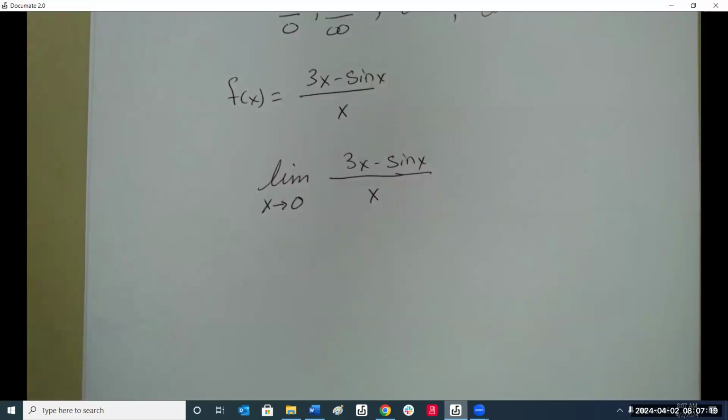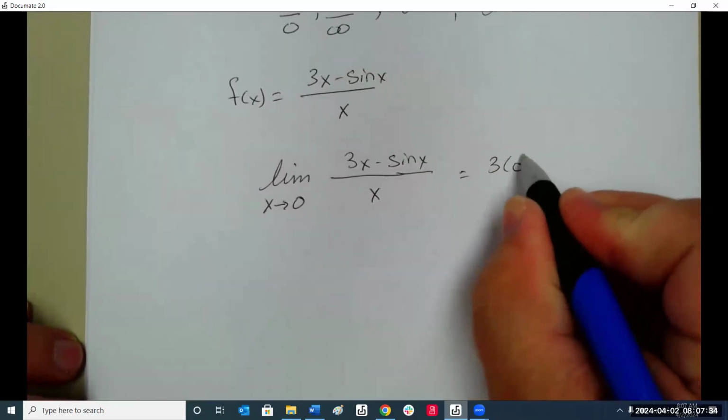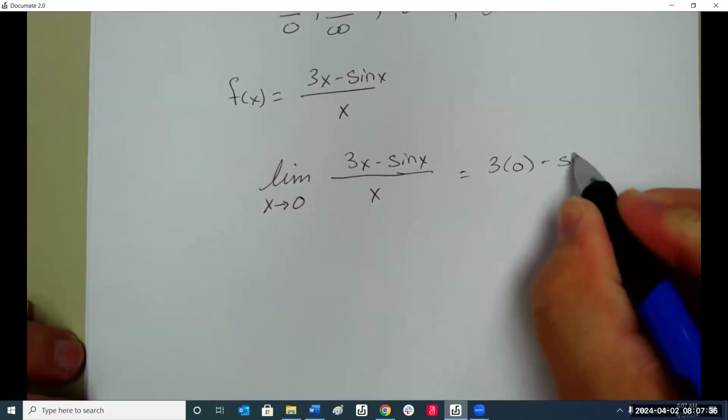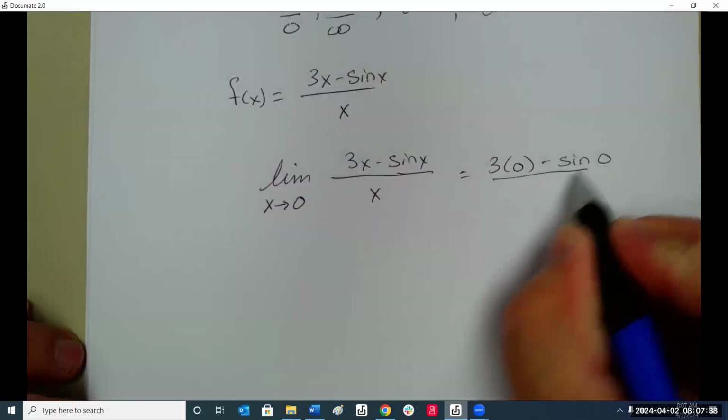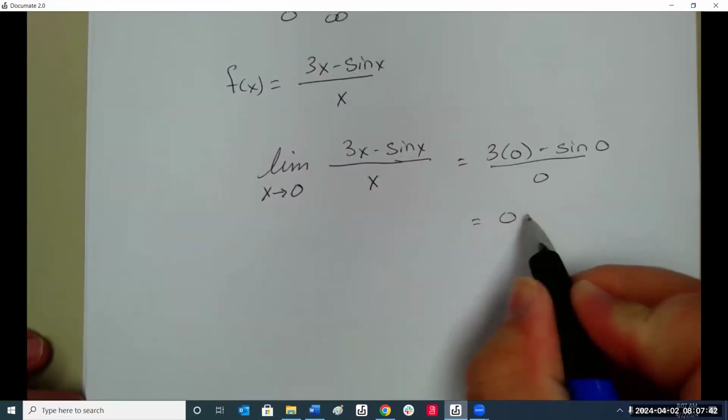What's the first thing you do when you get a limit equation? Plug it in. This is the value x, we're plugging it in. So let's see what happens. Three times 0 is 0.